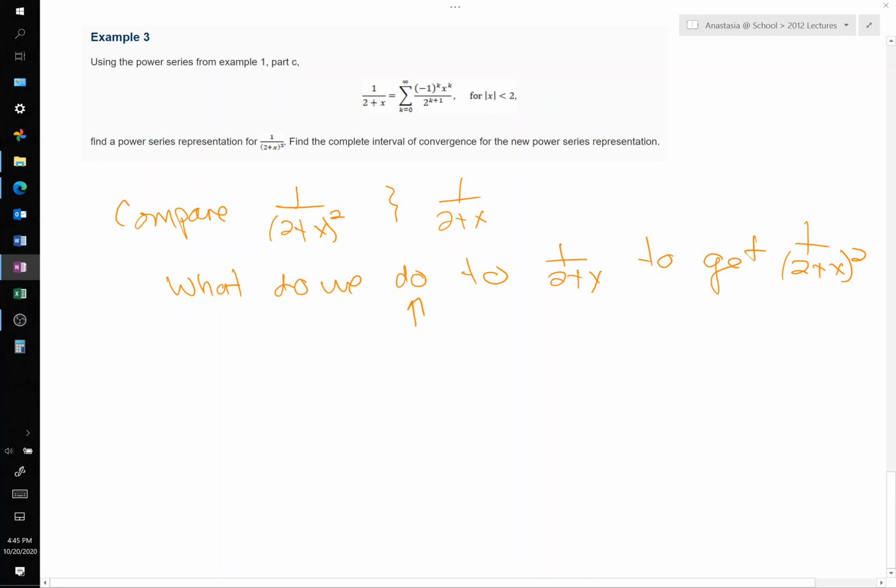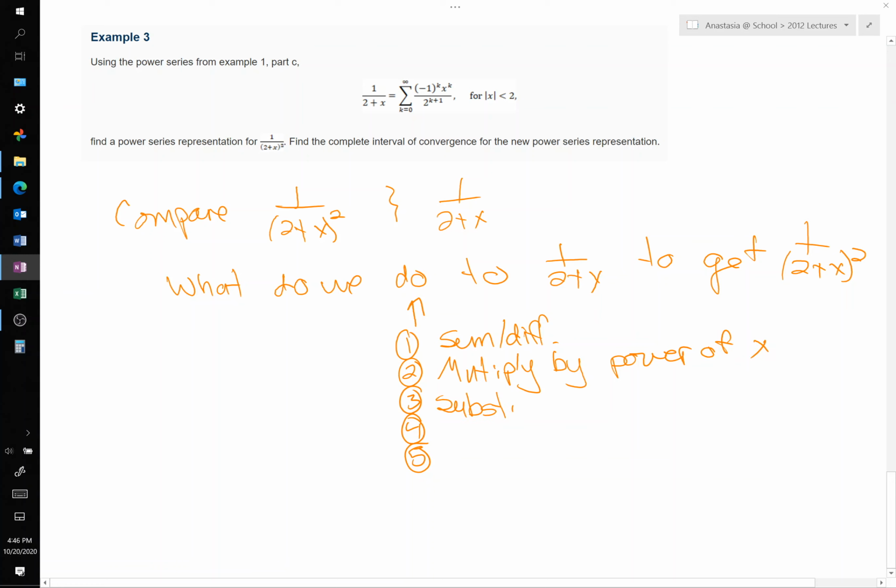And these are those 5 options that we talked about in the previous example. So the first one is a sum or a difference. The second one is multiply by a power of x. The third one is substitute.